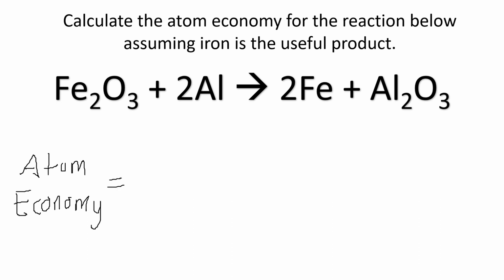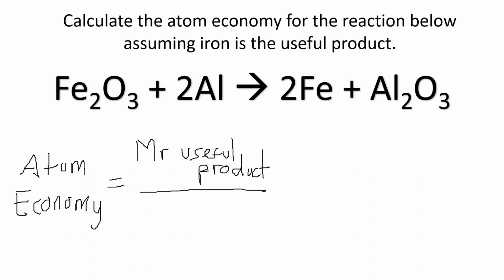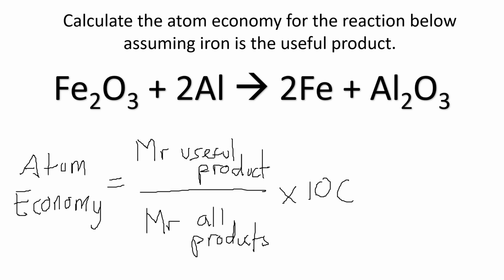Atom economy is equal to the molecular mass, I'll just call that MR, of the useful product divided by the MR of all the products, and atom economy is measured as a percentage, so we have to times this by 100.